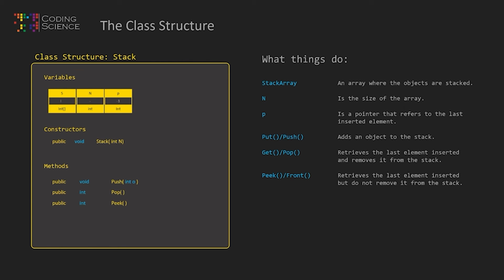So with peek, we are looking at the latest inserted value, but we're not removing it from the stack. We get the integer, we get the value, but we do not remove it from the stack. So if you do peek 3 times in a row, you get the same value 3 times in a row. And it also will be a public function.